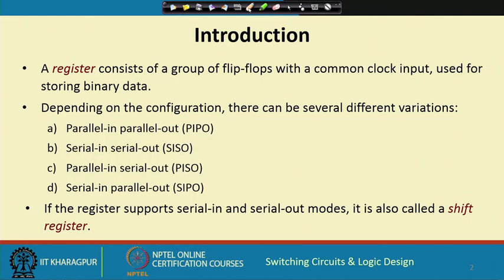Suppose I need to store a 16 bit word, then I can use 16 such flip flops to store all those 16 bits of data, and we call it a register. A register is nothing but an array of flip flops, but how the flip flops are interconnected distinguishes the different types of registers.